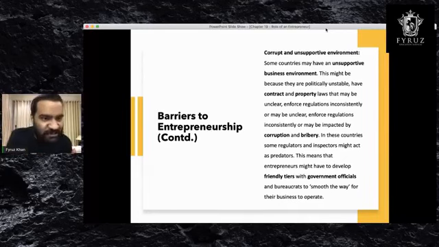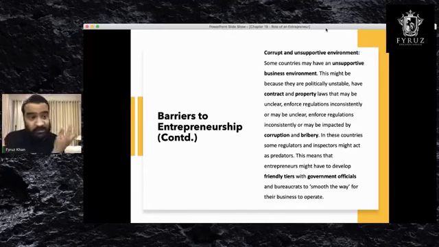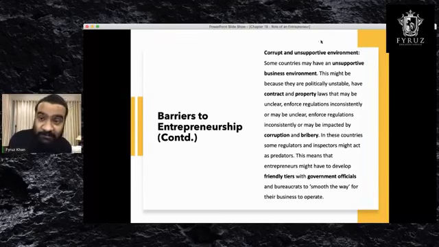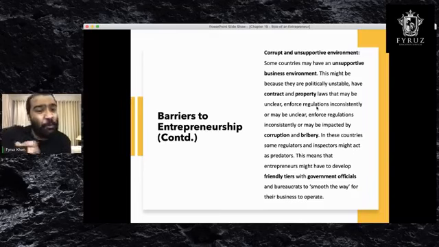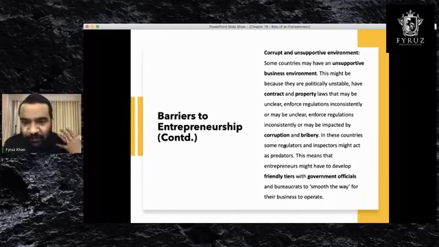A lot of questions have been put forward on nepotism, people just giving work to the family. I don't know whether it's right or wrong, I'm just saying. So there may be a certain way of working in an industry. The industry may be corrupt, it may be unsupportive, or it may have a certain way of doing business, and you may find it difficult. There may be bribery, there may be corruption.